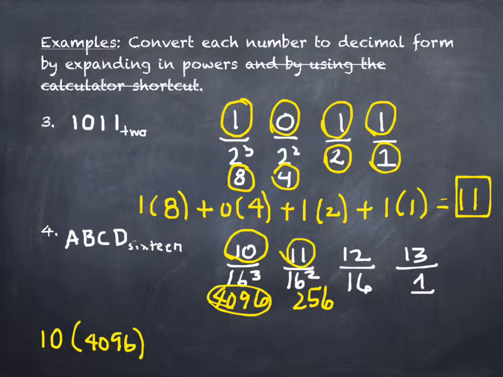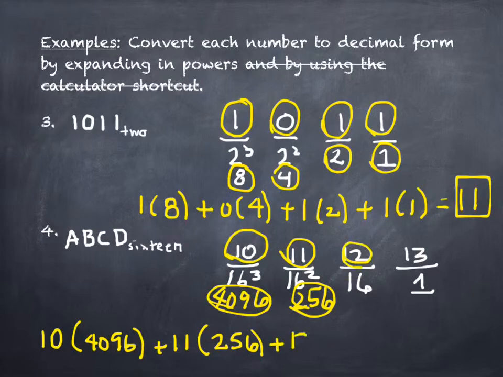I take the 11 times its place value, which is 256. I take my 12 times its place value, which is 16. And then I take my 13, technically times its place value, which is 1.